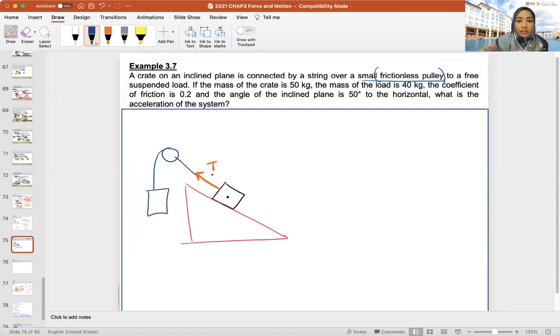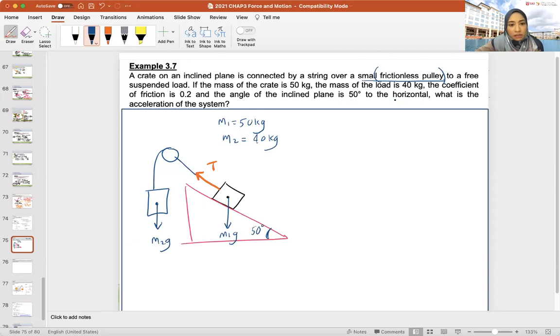If the mass of the crate is 50 kilogram, let's write m1g first, where m1 is equal to 50 kilogram, and the mass of the load is 40 kilogram, m2g, this is m2. And the inclined plane is 50 degrees. So we draw that over here.